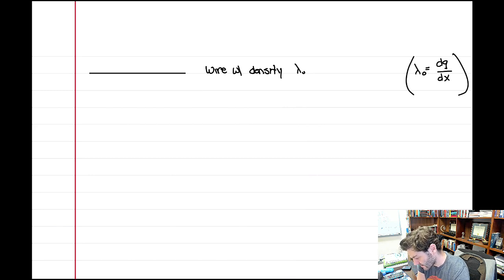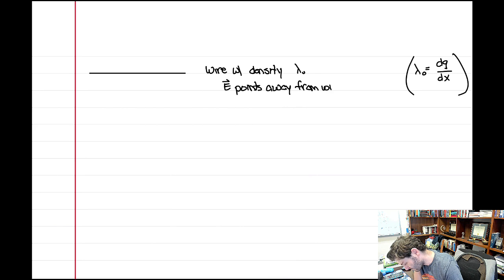And then we were able to show that the electric field points perpendicular away from the wire, and the magnitude is a function of r. In this case, not sigma, but lambda, sorry.